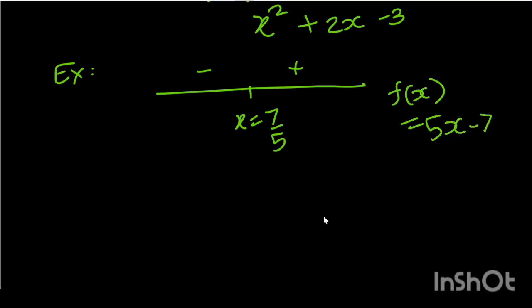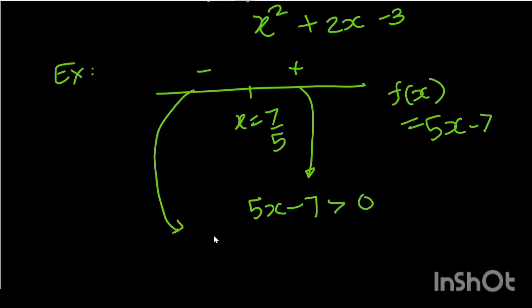Then this plus sign means it is the solution of this inequality, right? And this minus sign means what? It is the solution of this inequality, fx positive, fx negative.